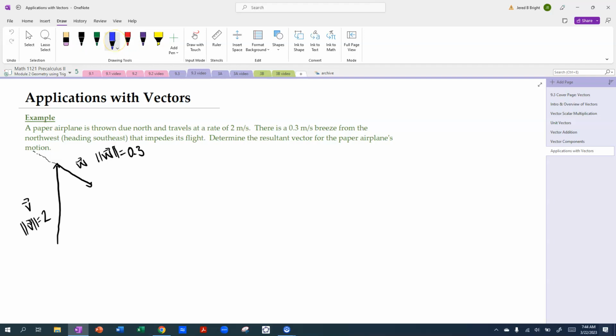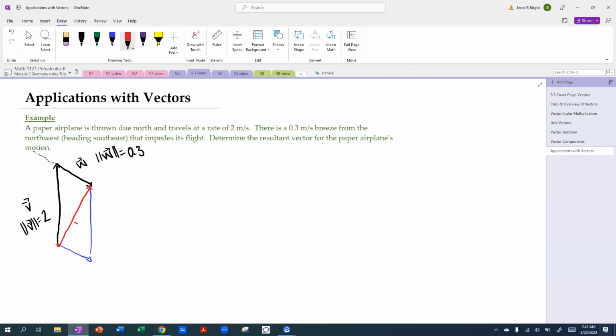So then where's the resultant? Well, the resultant, again, you could create the parallelogram. So you have something like this and then like this, and your resultant would go from the shared initial point to wherever they both end up, that diagonal of the parallelogram, or you can just go tail to tip if you want to avoid the parallelogram.